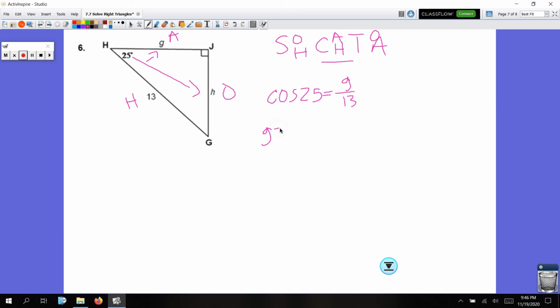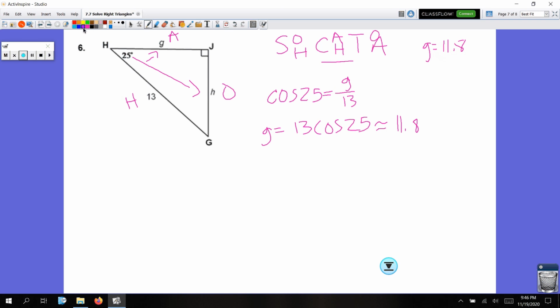G is equal to 13 times cosine 25, because we multiply both sides by 13. All right, we put that in, and I get 11.8 about. So G equals 11.8.